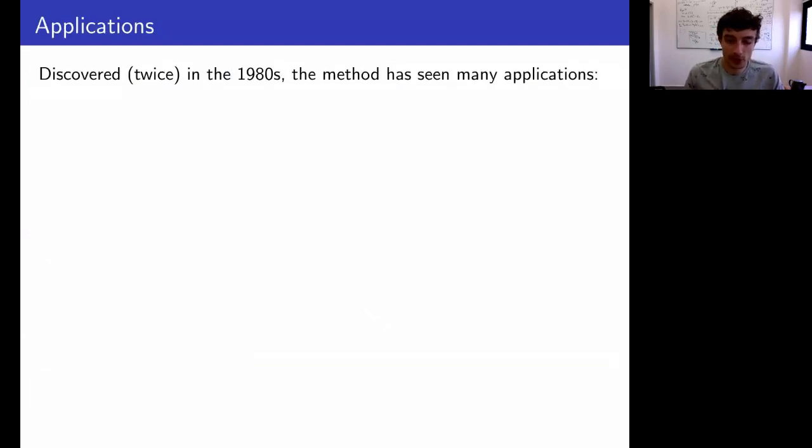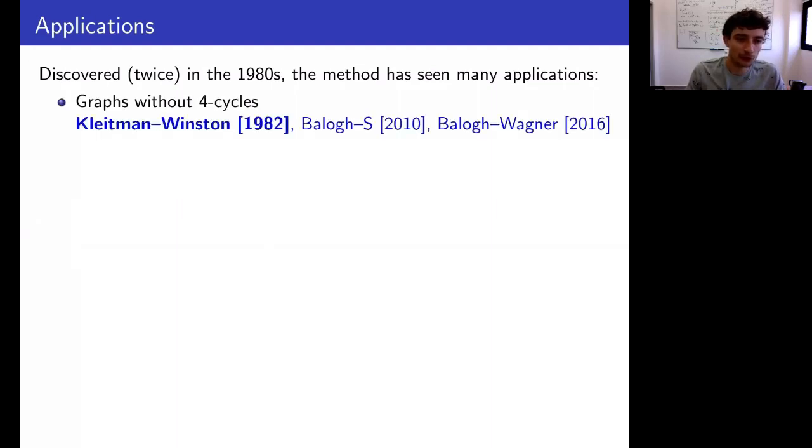So why do we do this? The method I'll present was discovered twice in the 1980s, first by Kleitman and Winston in '82 and then by Sapozhenko in '87. And since then, this so simple but powerful idea has had plenty of applications. Let me mention a few of them. It was first used to study graphs without 4-cycles.